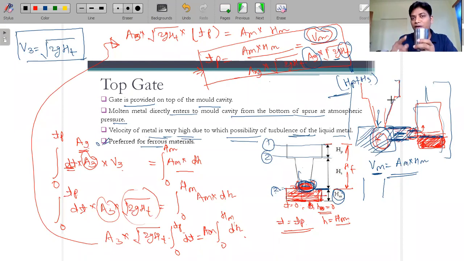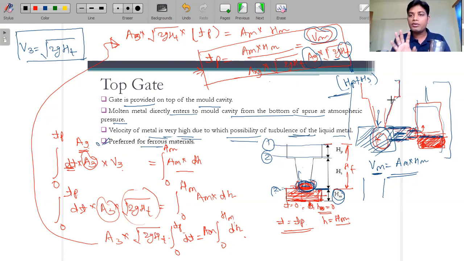But this glass can be filled in another way as well. I can make a hole over here and connect a pipe, like how we fill tanks at home. We make a hollow circular cross-section here and connect it with the pipe. Now we supply the water into that pipe, and this glass is filled. So these are the two ways.